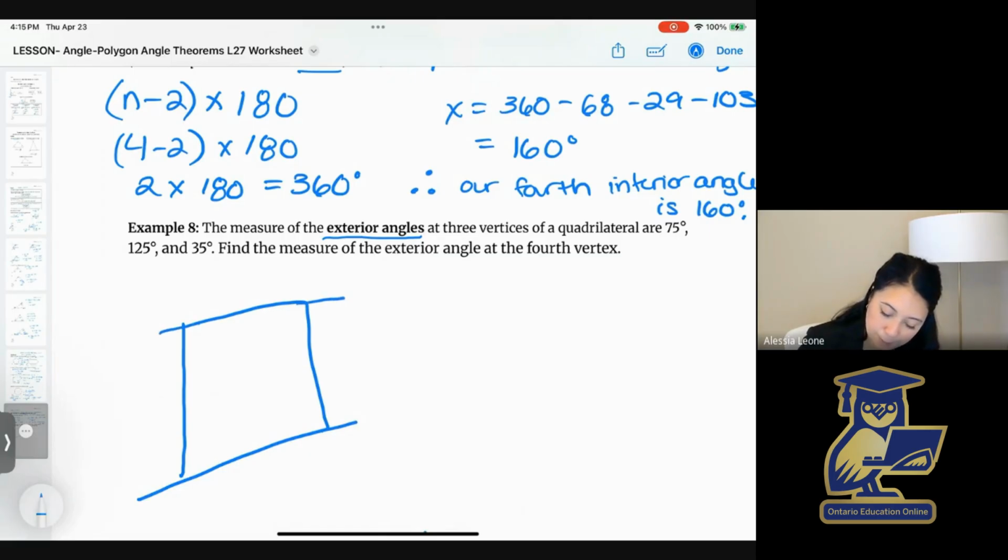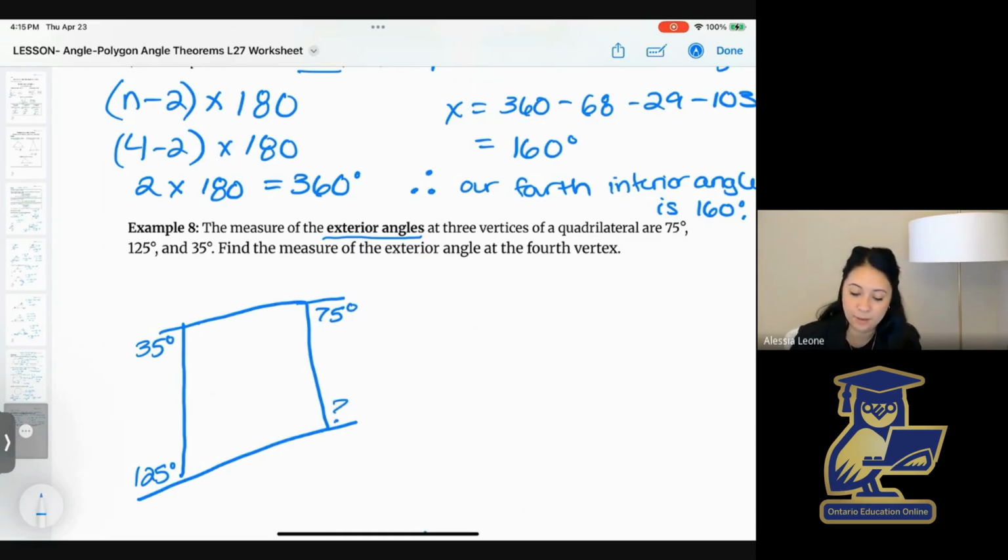We have 75, we have 125, and we have 35. It's asking us, what is this?